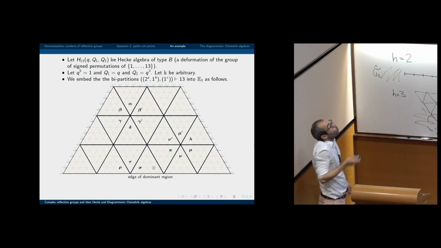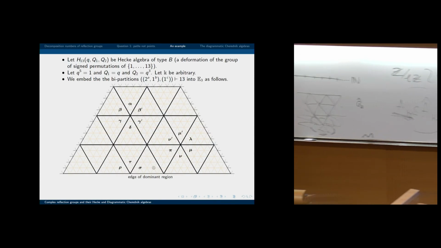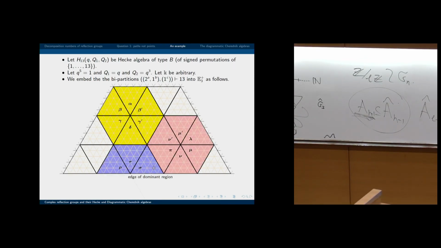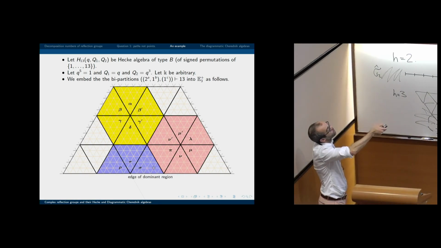And these label all of the guys in a particular block that I'm interested in for this Hecke algebra. So these all label representations of this particular form. Now, these different regions: this looks like a Steinberg vertex for the good old-fashioned symmetric group, or SL3, whatever you want to call it.